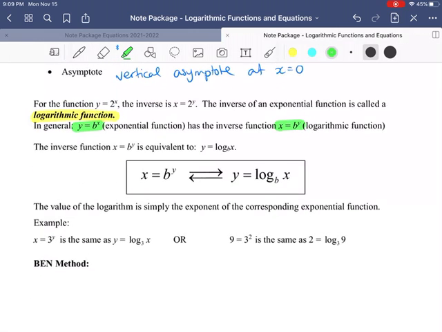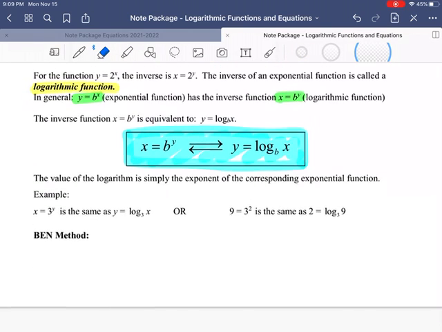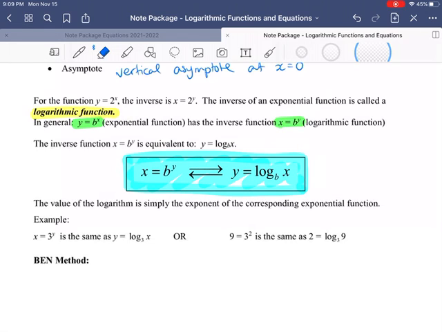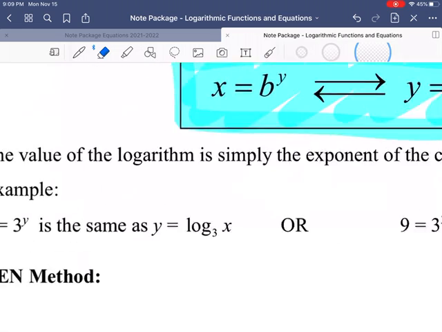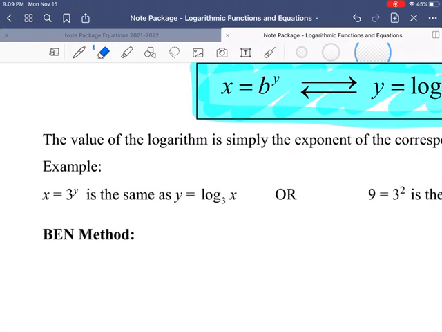So we can form this relationship here that the log base b of x equals y, and x equals the base b to the exponent y. There's this relationship, and you can go between each form. Okay, they're equivalent to each other. So the value of the logarithm is simply the exponent of the corresponding exponential function. For example, x equals 3 to the y is the same as y equals log base 3 of x.